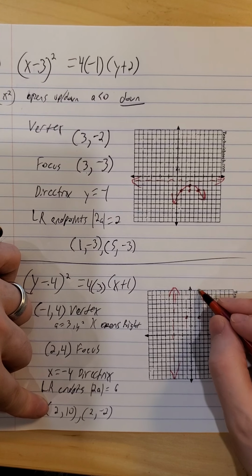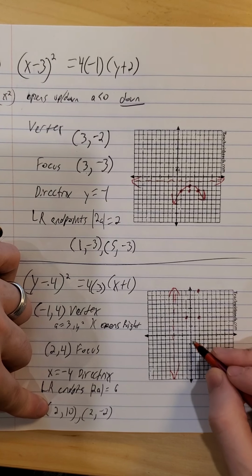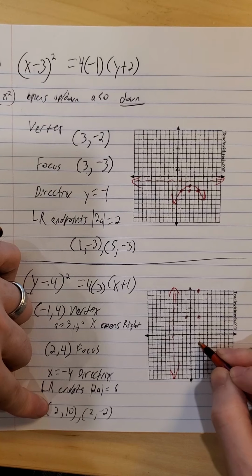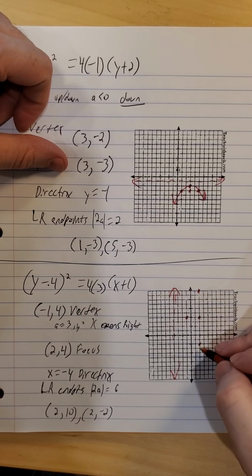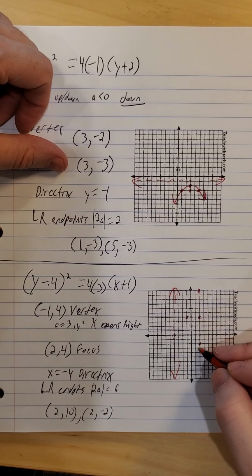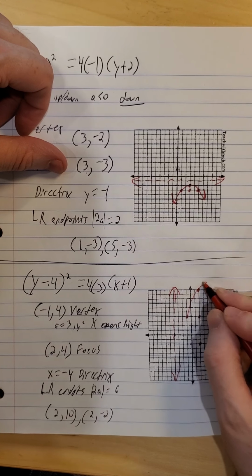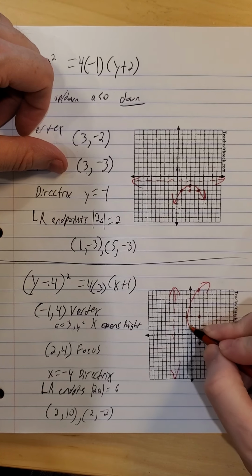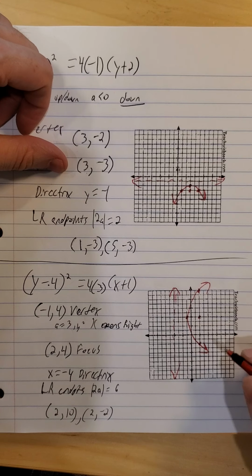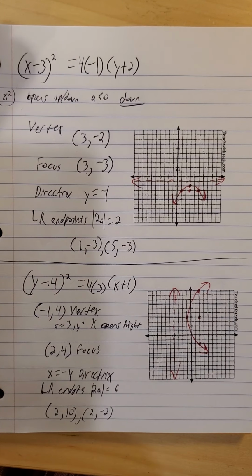And at (2, 10) and (2, -2), we have the endpoints of our latus rectum, the line segment connecting these two. So hopefully your curve looked something like that.